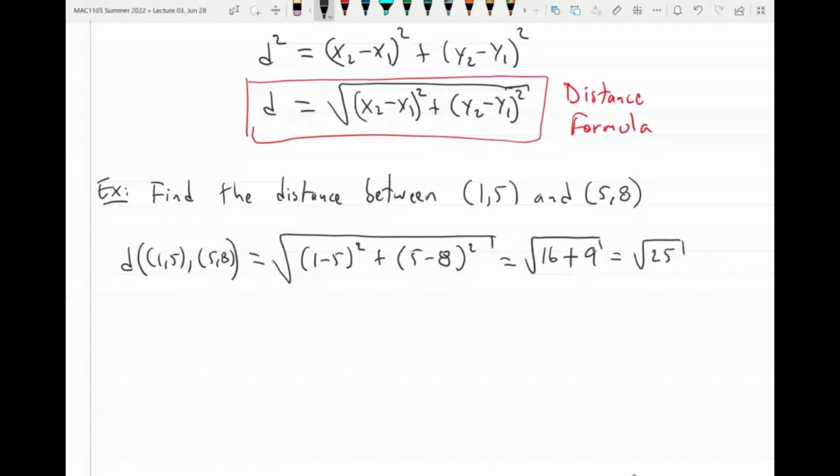So we get the square root of 25, which is 5. So the distance between those 2 points is 5 units, whatever the units are. It really depends on what scale you have going on in your coordinate system, what units you're using to measure, etc. Okay, questions?